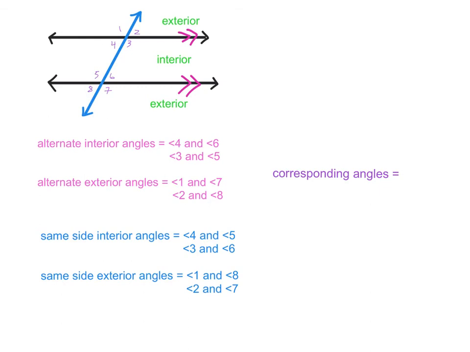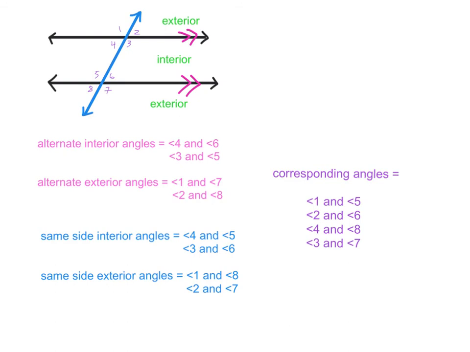They are in the bottom left corner of their intersections, and angle 3 and angle 7 are in the bottom right corners of their respective intersections. Okay, so just take a look and quick review and make sure you can name your alternate interior angles, your alternate exterior angles, your same side interior angles, your same side exterior angles, and lastly, your corresponding angles.